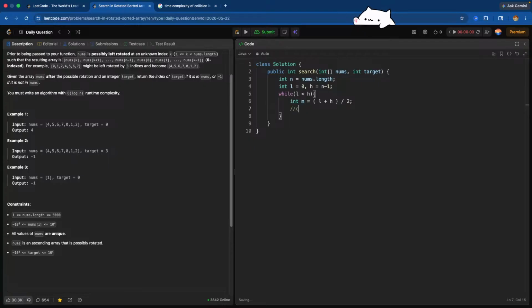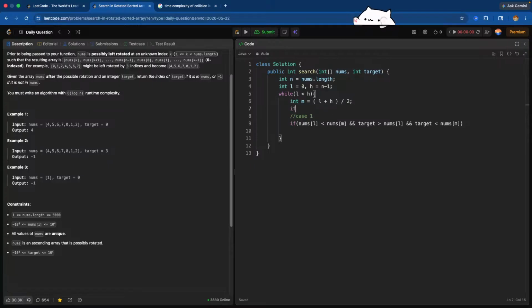Then we have case 1 to check the left side. Nums of l is less than nums of m. Then we check if target is greater than nums of l and target is less than nums of mid. Then we choose this side.